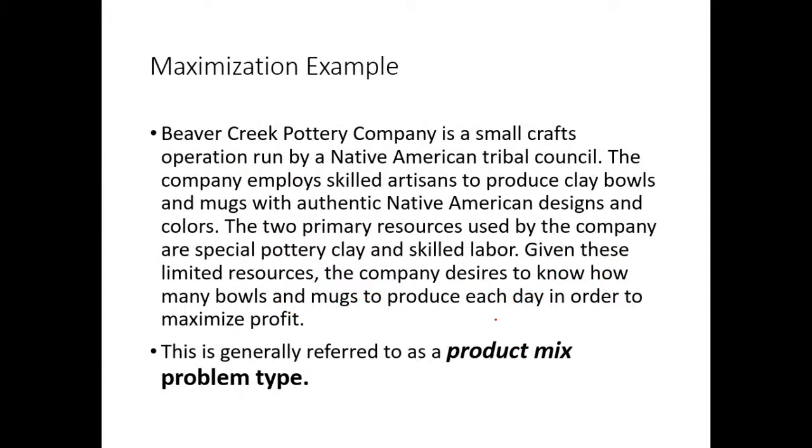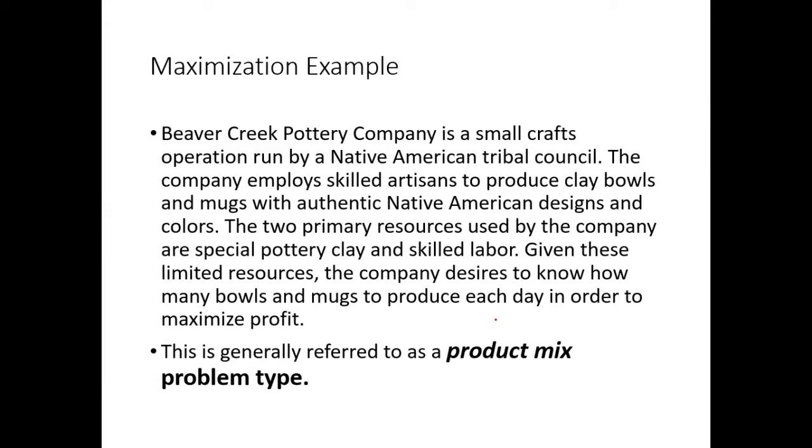So this is an illustration. Now let's come to a proper example from the book, an example of maximization. Linear programming can solve both maximization as well as minimization examples.